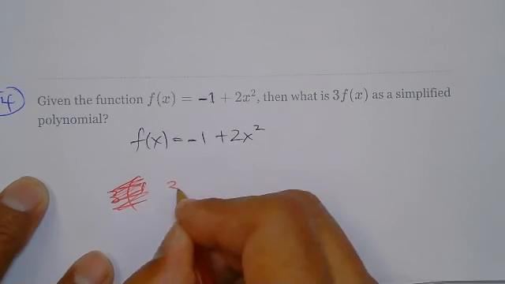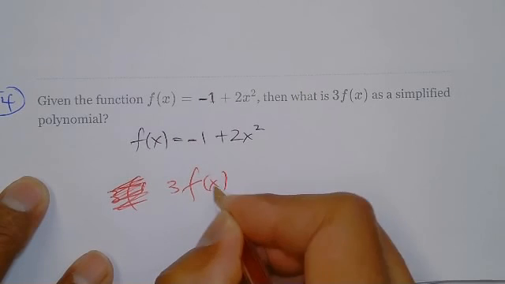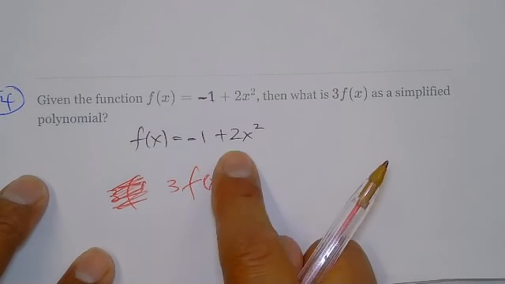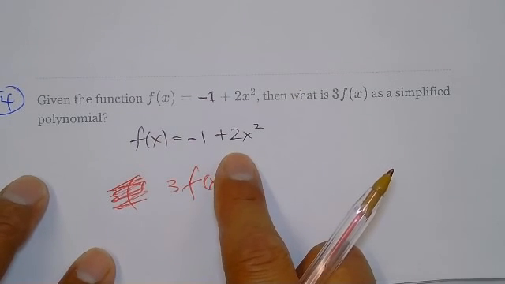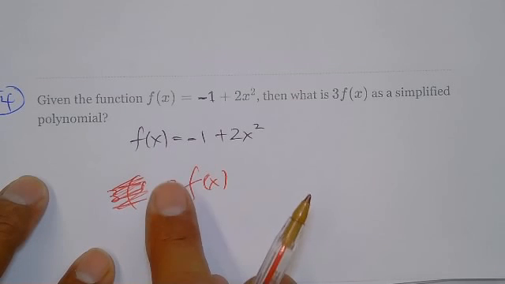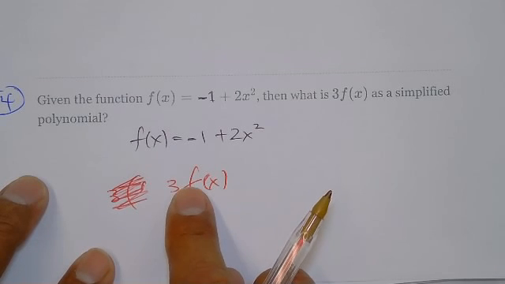What would you do for 3 f of x? Oh, I copied it wrong. What would you do for 3 f of x? What is that saying, you guys? Is that saying to add 3 to this? Is that what it's saying? No.